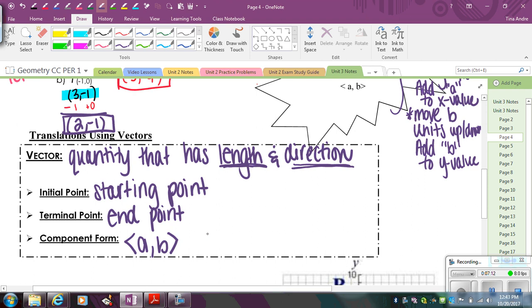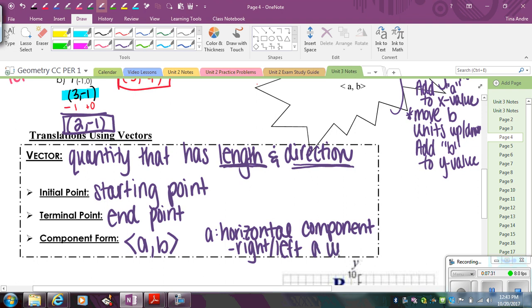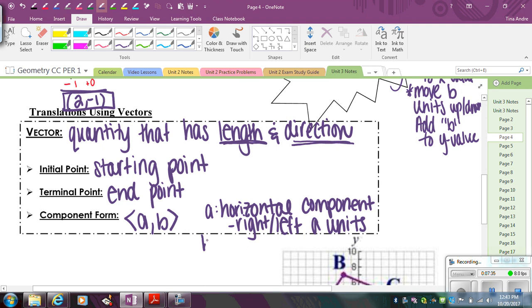And A is the horizontal component. Which basically tells you your right or left movement. So this would be right or left A units. Or add that value to the x. And then B is the vertical component.